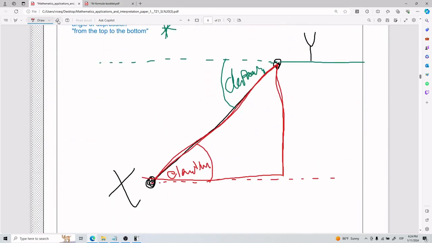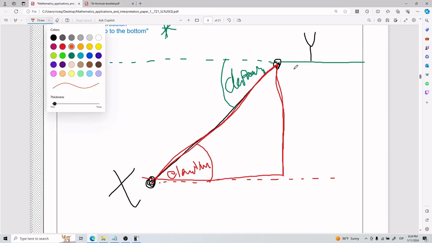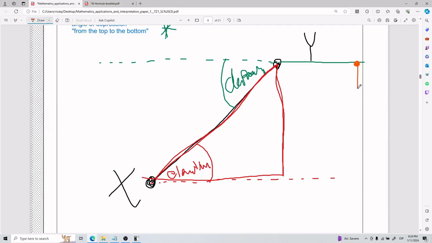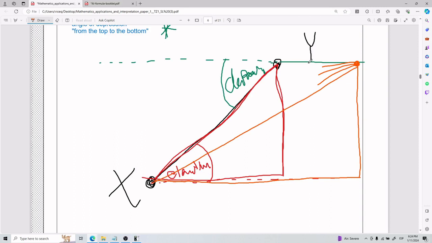Let's say I go further down the line, way over here. How do you think my angle of depression is going to change with respect to x? If I draw it, the angle of depression goes like this, right? I count until I reach x, and I end up with this.